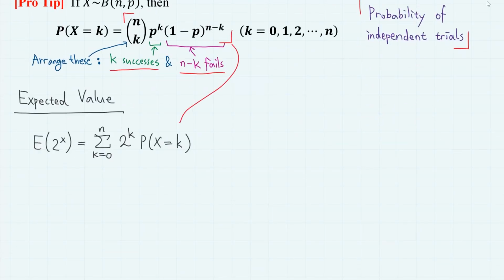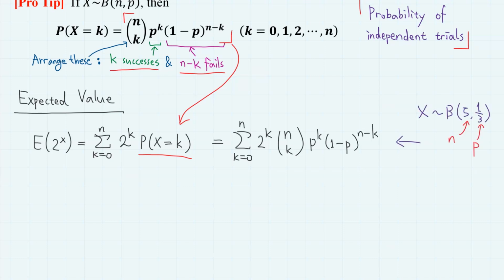Therefore, substituting this expression for the probability, we have sigma of 2 to the power of k times n choose k, p to the power of k, 1 minus p to the power of n minus k. And in the given binomial distribution, n equals 5 and p equals 1/3, and therefore we have sigma k from 0 to 5, 2 to the power of k times 5 choose k times 1/3 to the power of k, and 1 minus p is 2/3 to the power of 5 minus k.